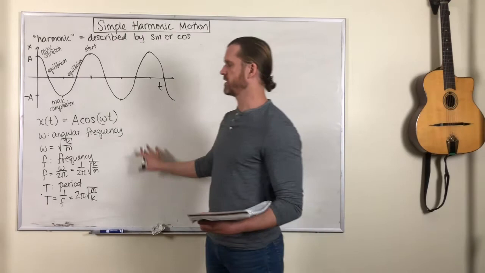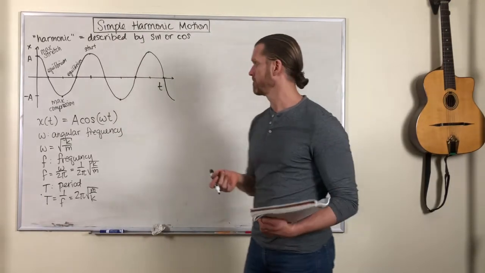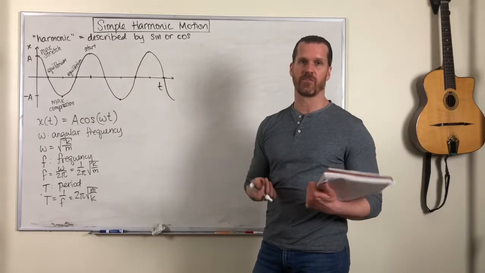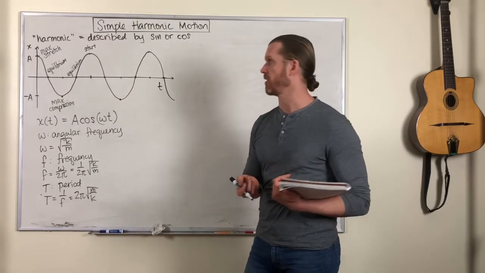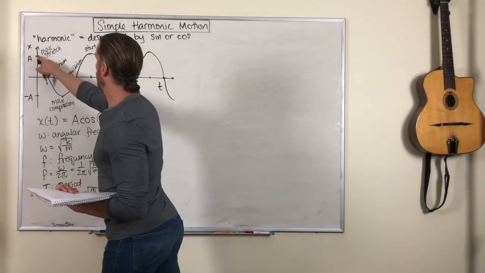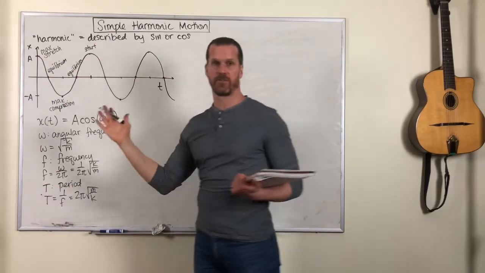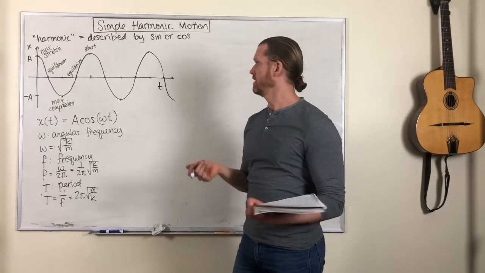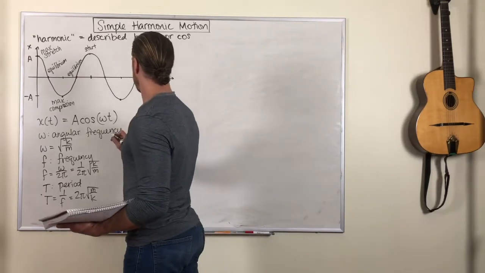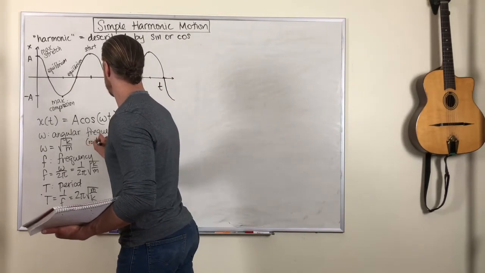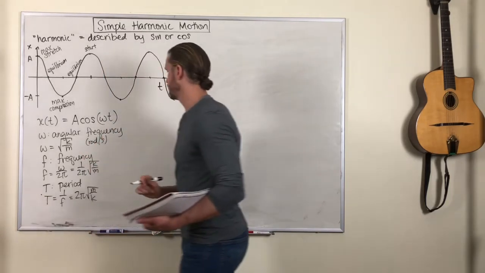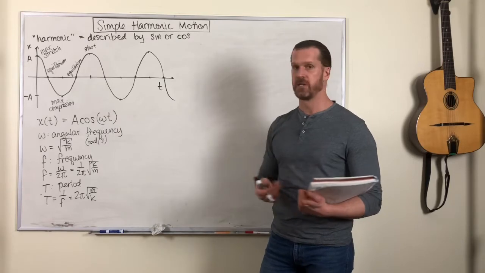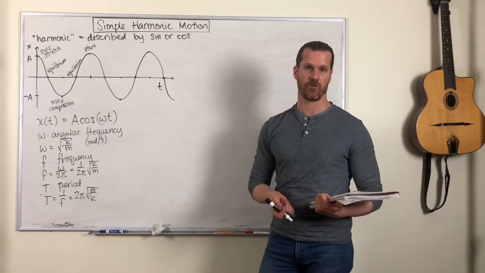So let's think about what each of these quantities represents. Angular frequency is telling you how many radians per second of this motion are occurring. One back and forth cycle of the spring is 2 pi radians. So this is radians per second. Frequency is how many complete cycles occur per second.